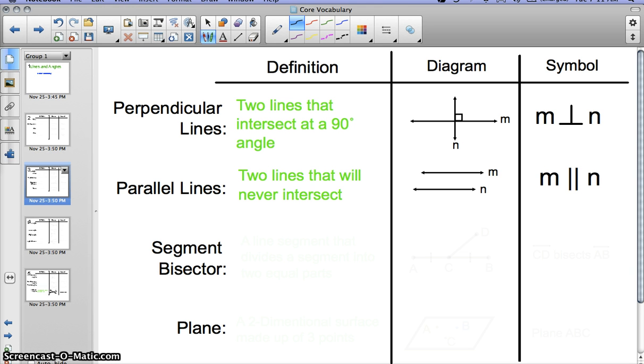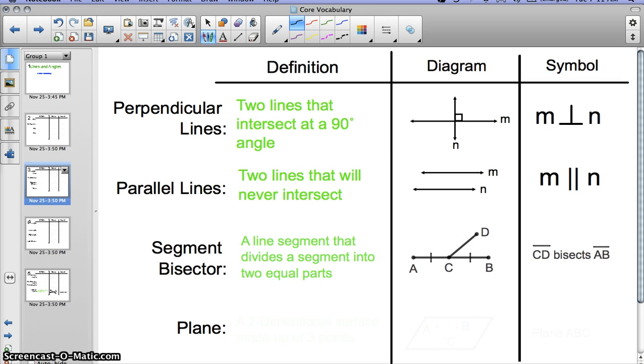Segment bisector. It's a line segment that divides another segment into two equal parts. If you think of the word bisect, bi means two, sect means sections. So if we look at our diagram, we have the line segment AB, and we have the line segment CD.